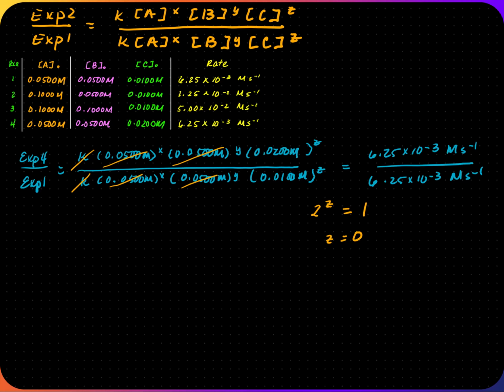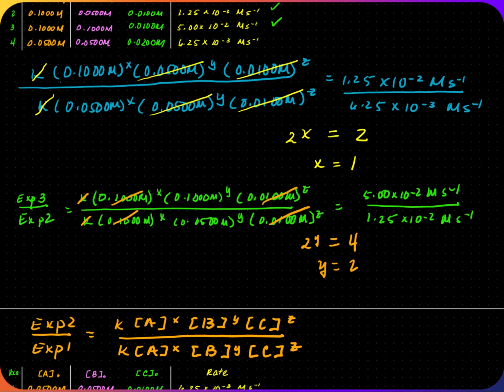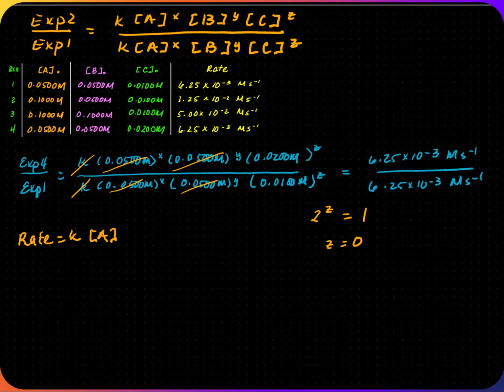So the general rate equation is rate is equal to k times A in brackets, and we solved for A up here. The order for A was 1. The order for B was 2. So my exponent is 2.